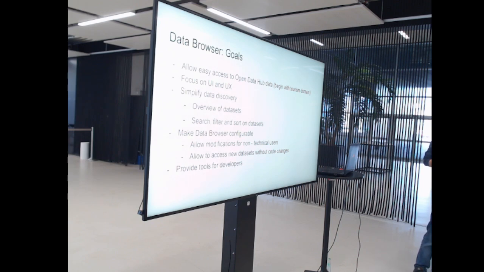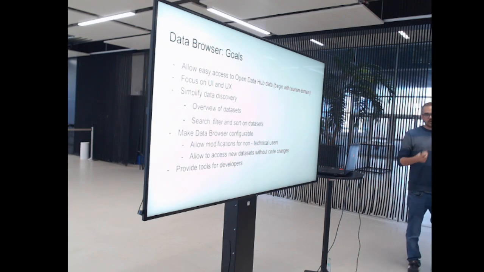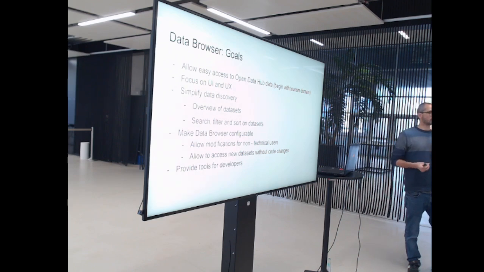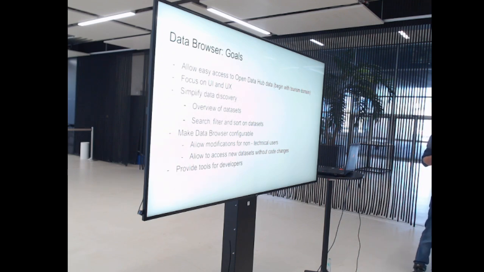Another goal was to simplify data discovery, so it should be quite easy for people to take a look at the data and to find out what data is inside there. Is it interesting? Is it something I want to build a business on, or build some research on? So it should be easy to find out what's in there.